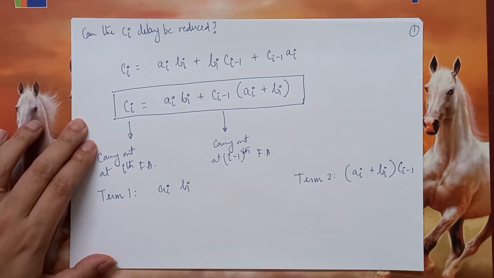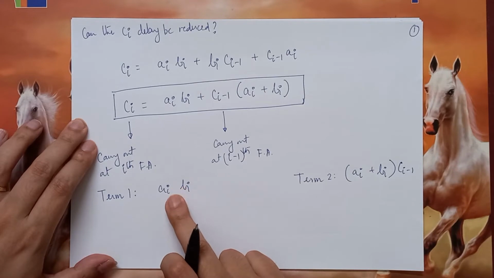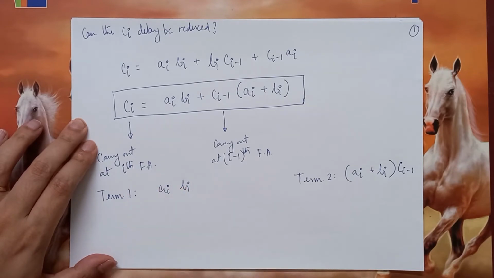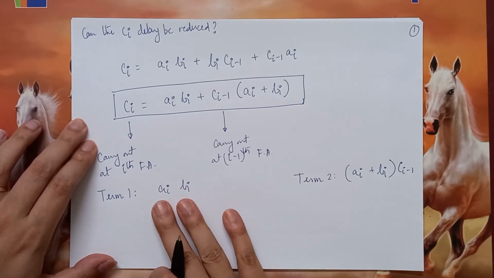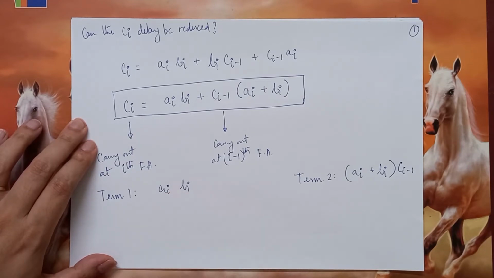This ai and bi are inputs to the ith stage full adder, and as I mentioned in the previous lecture, these bits are always there. There is no delay involved over here. The only villainous variable is Ci minus 1.